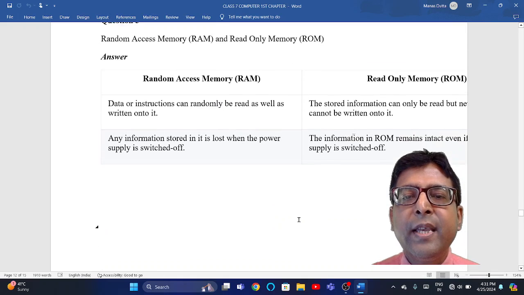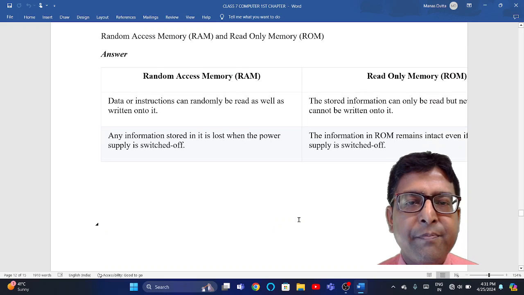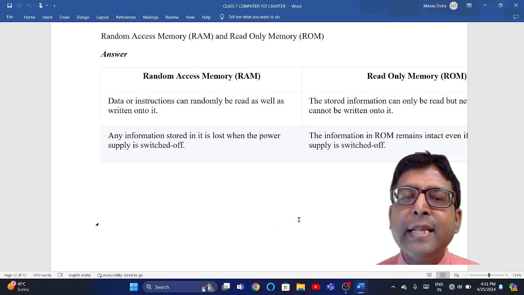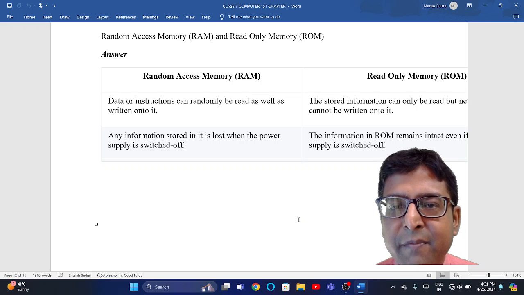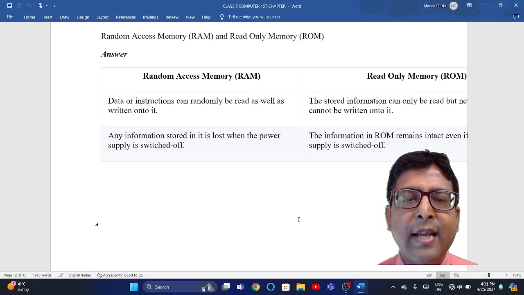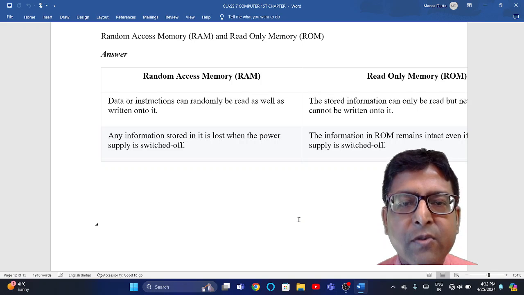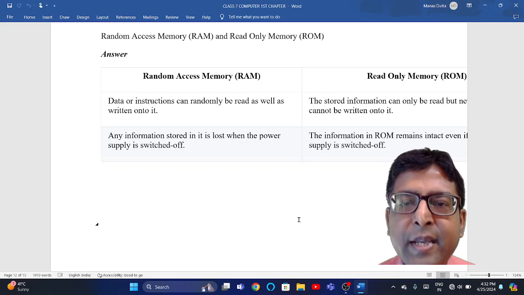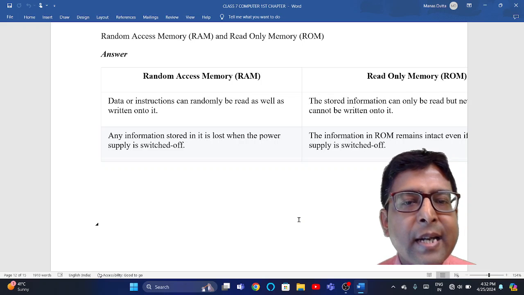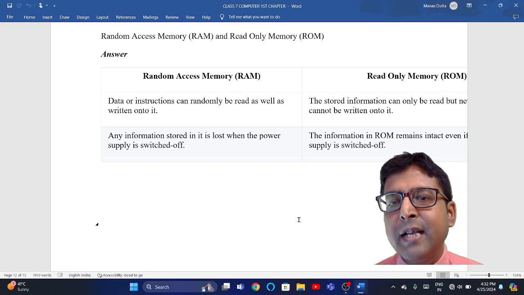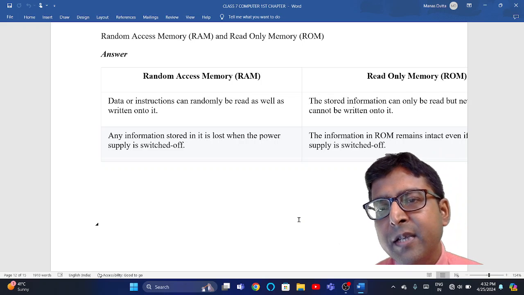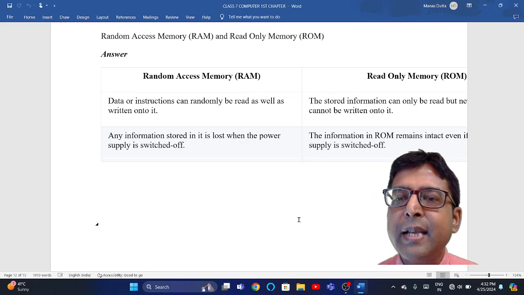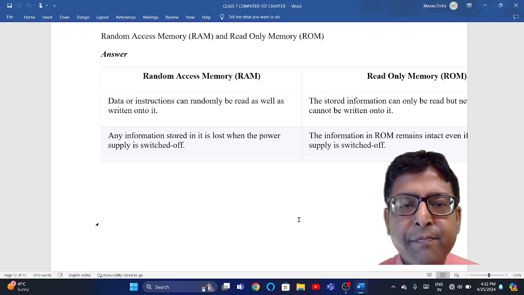Question 3, random access memory and read-only memory. In random access memory, data or instructions can randomly be read as well as written. That is, in this type of memory, data can be read and written. In read-only memory, stored information can only be read but cannot be written onto it.